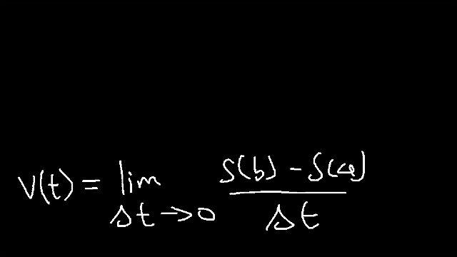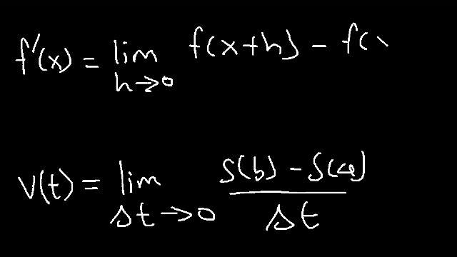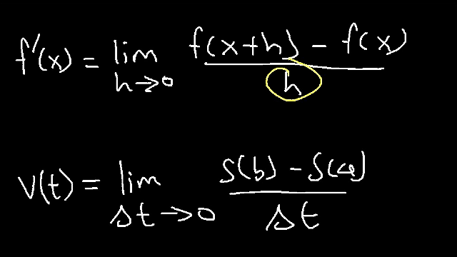Now notice that this formula is similar to the definition of the derivative formula. f prime of x is equal to the limit as h approaches 0 of f of x plus h minus f of x, divided by h. Some textbooks will use delta x instead of h, but it's the same thing.